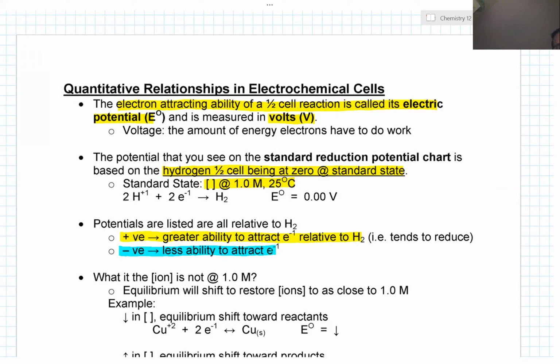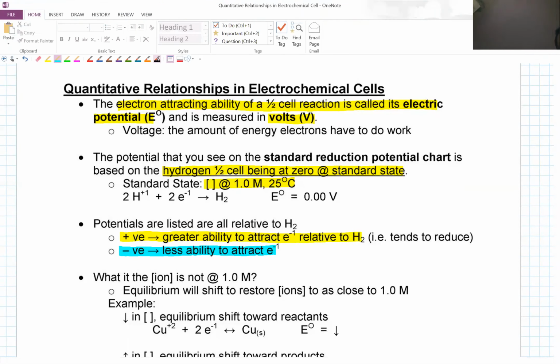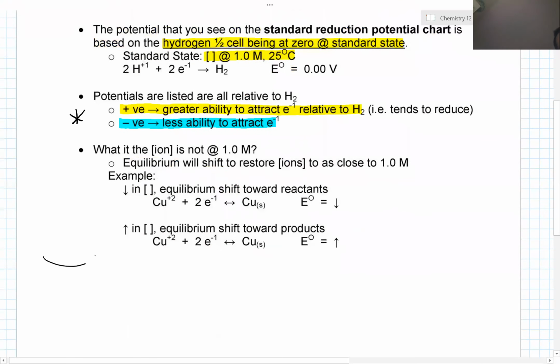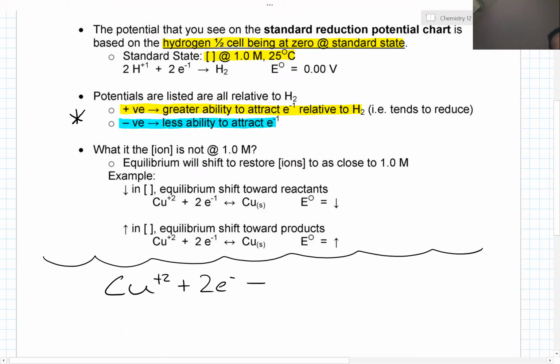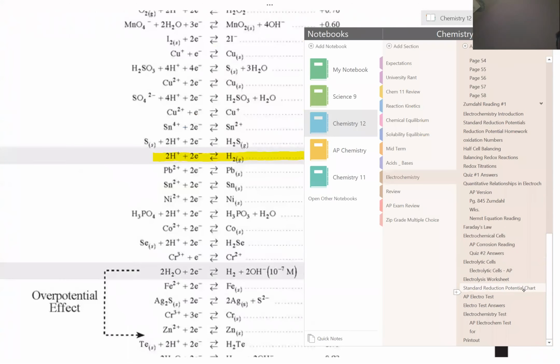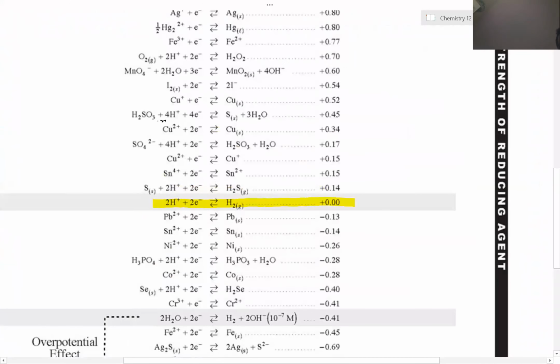Let me give you an example here. Let's put a little star here and take a look at the copper half cell. So if we look at Cu2+ plus 2 electrons to give us copper, at the standard reduction potential table right here, let's look at Cu2+ right here.